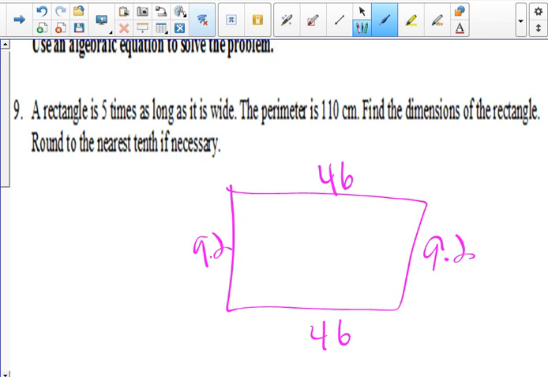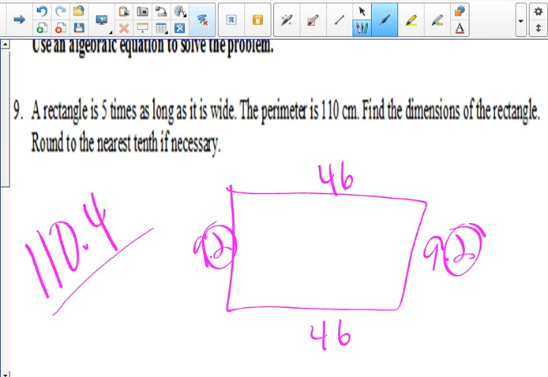But look what happens when we round up to the nearest tenth. We end up with 110.4. So be careful about that. What we would want to do is probably just truncate that. Okay, so then we would have 110.